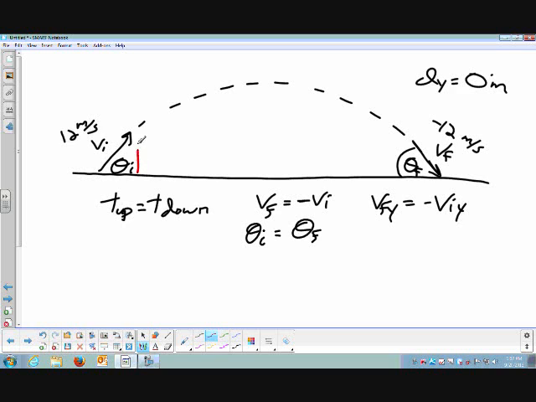So if I have some positive y velocity there, I have exactly the same amount of negative y velocity. It's just in the opposite direction. All because we're taking off and we're landing at the same elevation, or level ground.